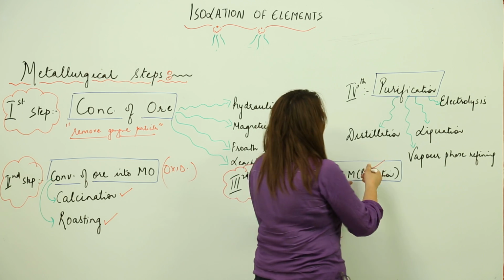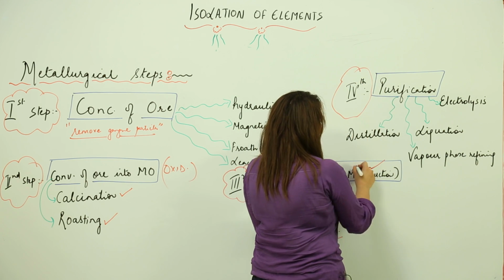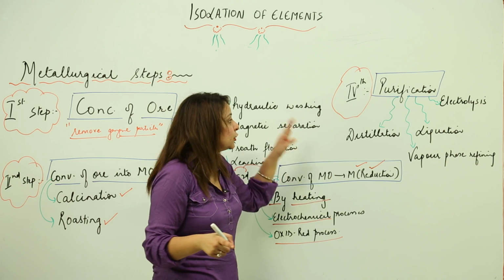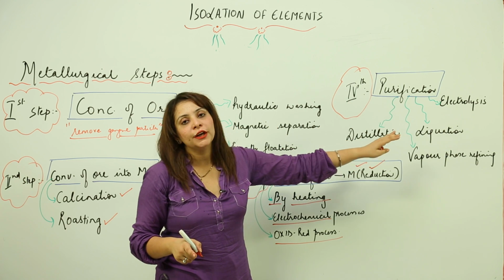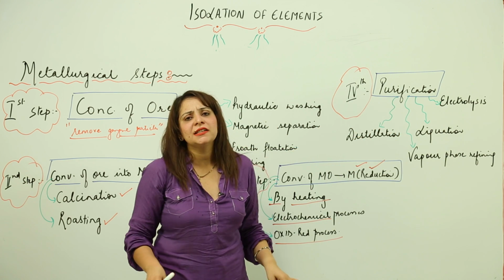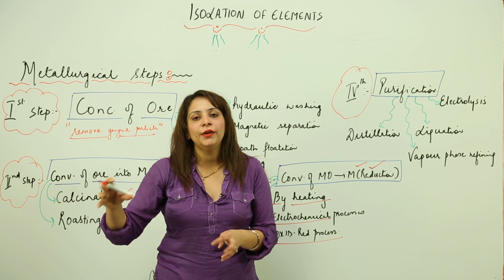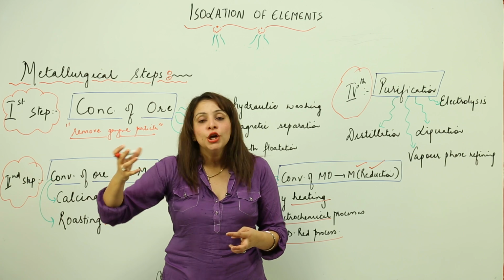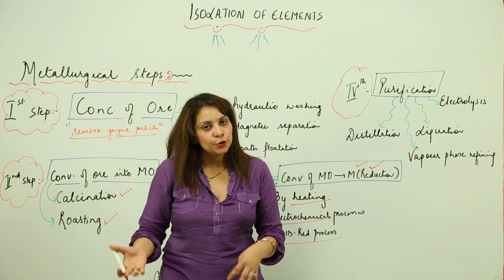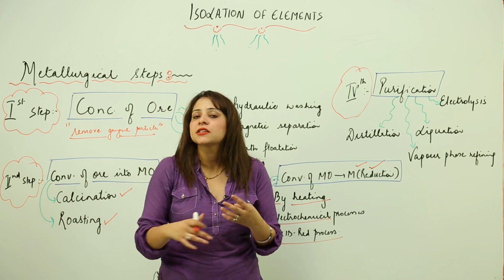Fourth step: after getting a metal, the metal obtained is not pure. We need to purify it, so our fourth step is purification. Maximum purification is done so that the metal can be sent to industries, where if it is used in sheets, it is converted into sheets, and if it is used in the form of wires, it is converted into wires.